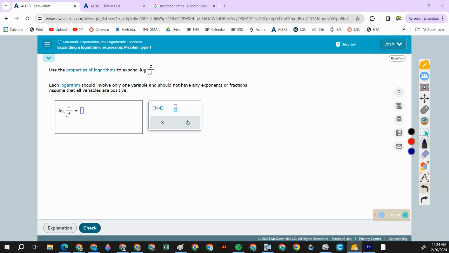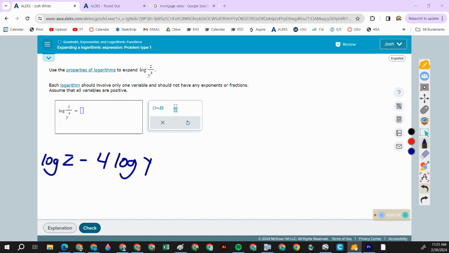So we need to expand this. This gets a positive log, and this gets a negative log, and this exponent is going to drop down in front. So log of z plus 4 log of y. No. You guys aren't going to correct me? There we go.